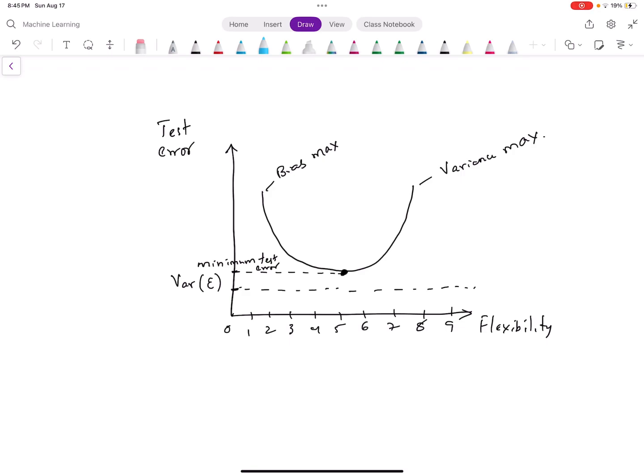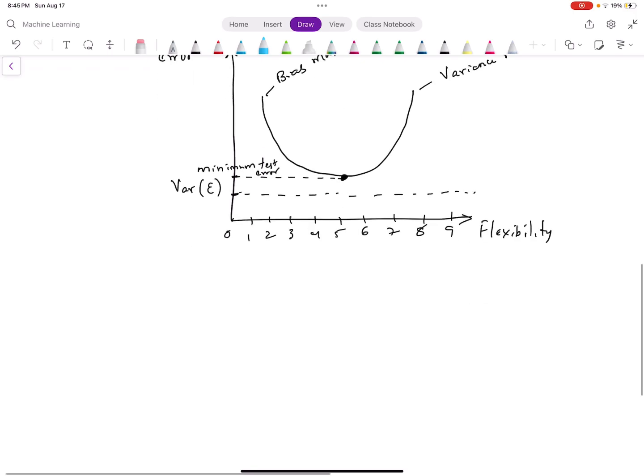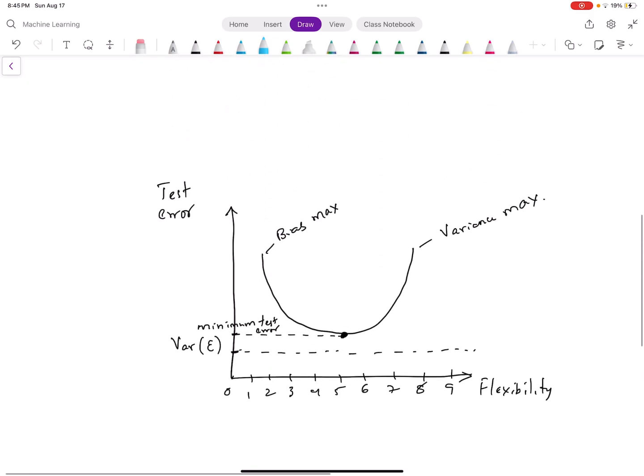In trying to optimize these two factors, one can choose a more modest model that is not too rigid and also not too flexible, such that the total error is minimum.